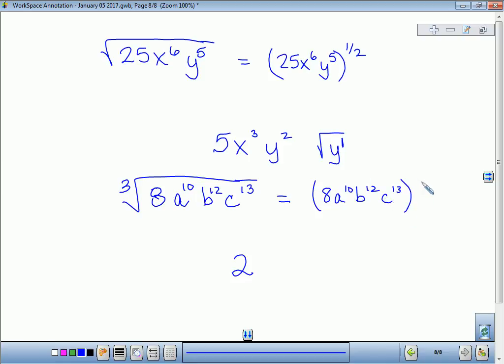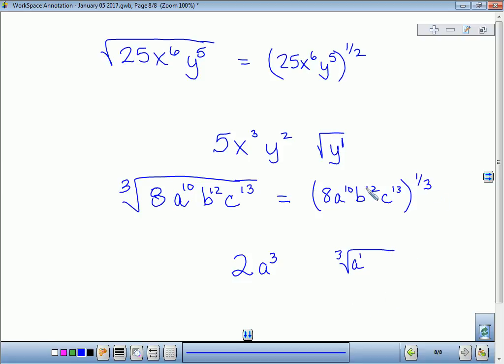Cubed root is the same as what power? 1/3 power. So what am I dividing into all these exponents this time? 3. How many times does 3 go into 10? 3 times. Are there any left over? 1. So we're going to leave 1 under the radical.